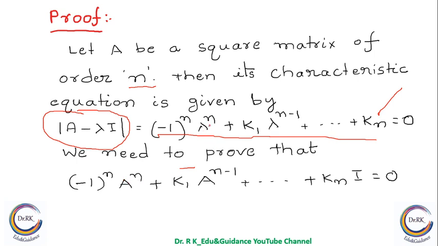That means wherever lambda is there, we put A: minus 1 power n A power n, k1 into A power n minus 1, plus so on, kn into I. Here kn is only a constant, so without loss of generality we take kn times I. If this equation holds good, minus 1 power n A power n plus k1 A power n minus 1 plus so on plus kn I equal to 0, then the matrix A satisfies its characteristic equation.